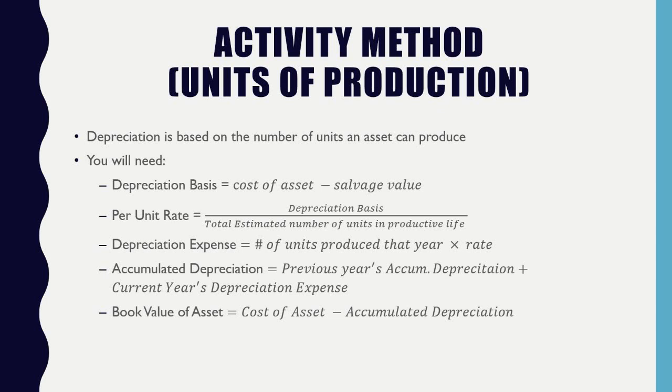Okay? So here, these are the formulas that you're going to be looking at and determining. You need to determine the depreciation basis, the per unit rate, the depreciation expense itself, the accumulated depreciation, and the book value.